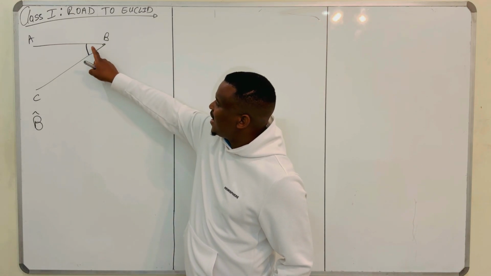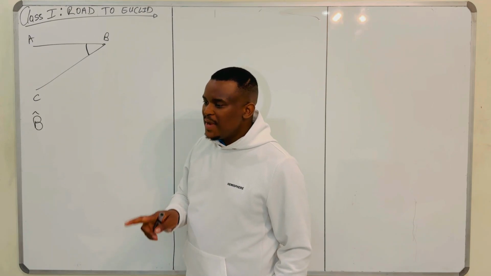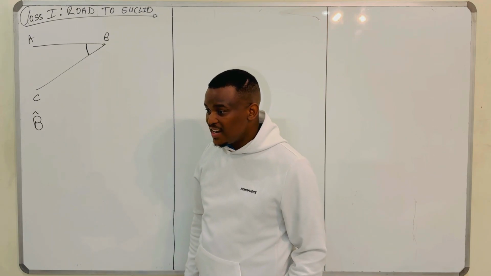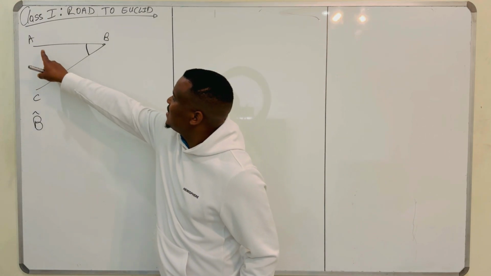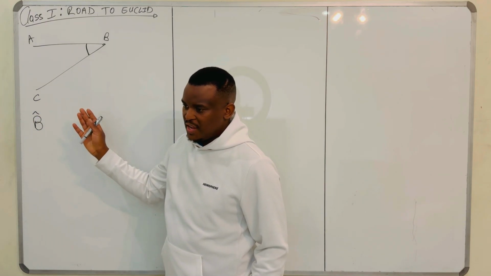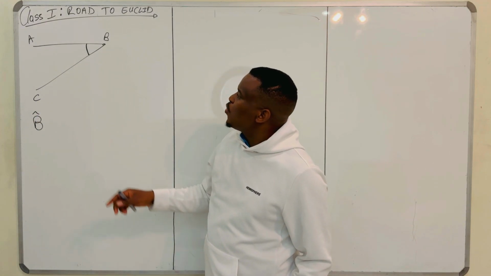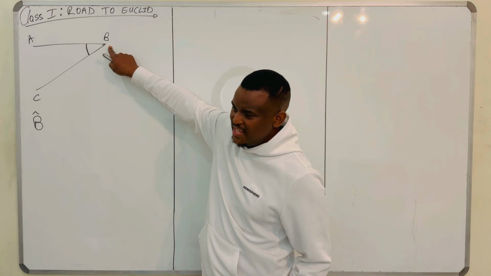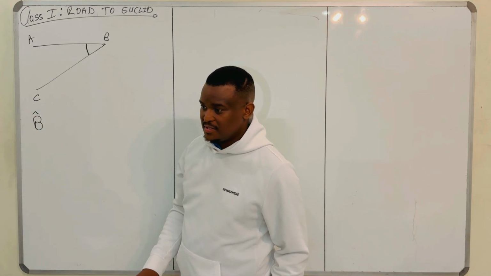For example, look at angle B. Angle B is made by two line segments. What are those line segments? AB and BC or CB. So we can also name this angle B according to those line segments.